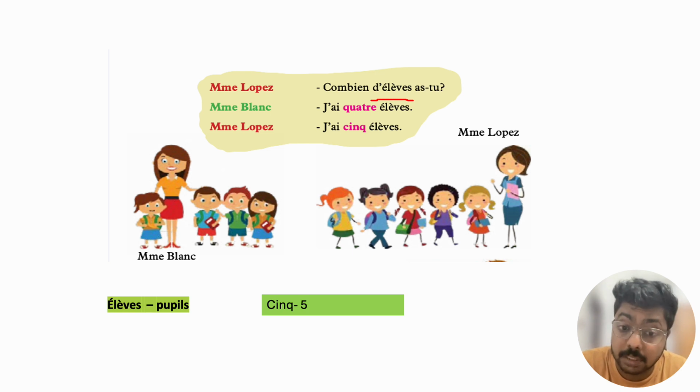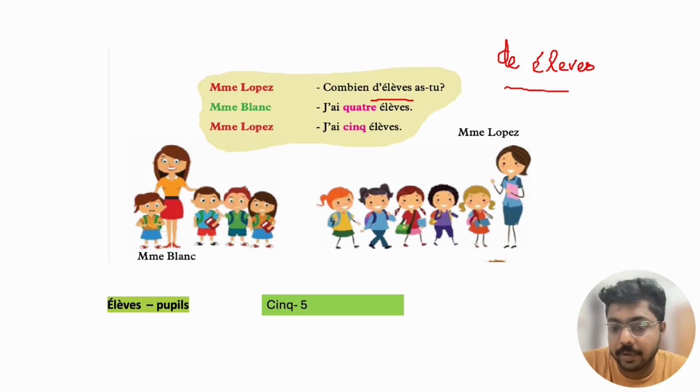Instead of combien de, as in previous slides, here we can see instead of an E, there is an apostrophe. This is because in French, whenever a word is ending with a vowel, in this case the E of de, and the word next to it also starts with a vowel, as in this case, originally it was de élève.